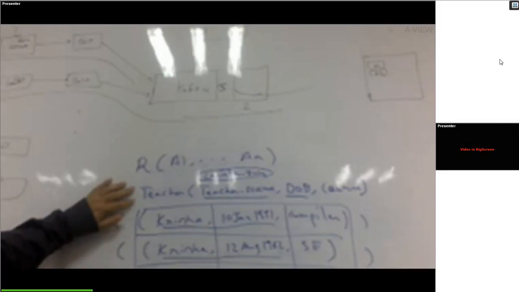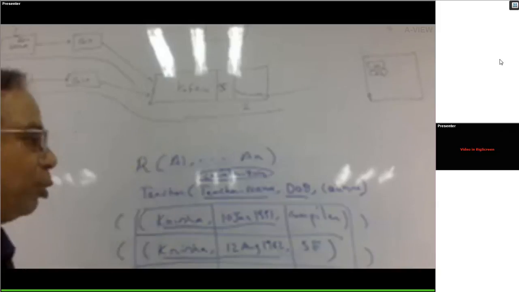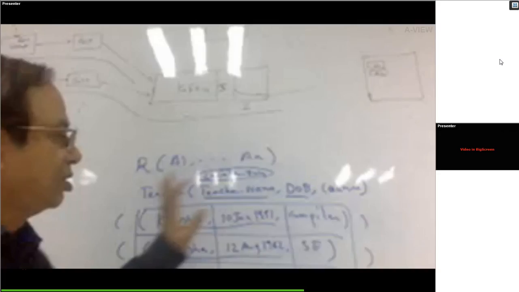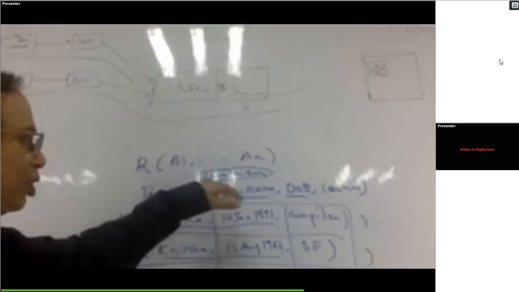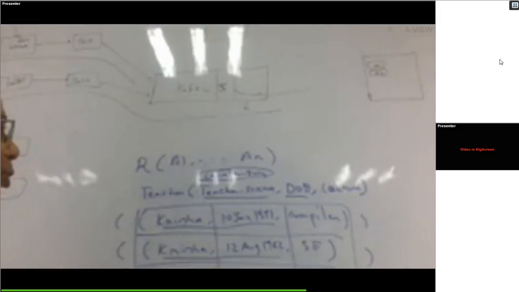Now I'm looking at the domain, and these attributes are what I'm actually designing. These are also coming from the domain. What values they take is also coming from the domain.